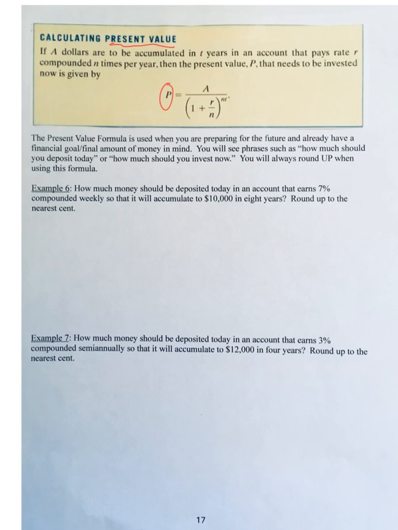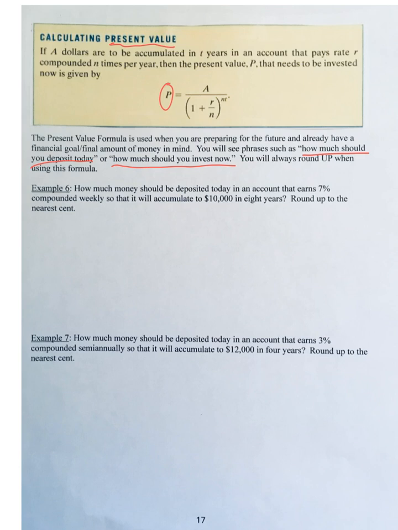But then in addition to that, B, you're going to get a phrase such as, how much should you deposit today? Or how much should you invest now? How much money should you be putting forth now into the account?